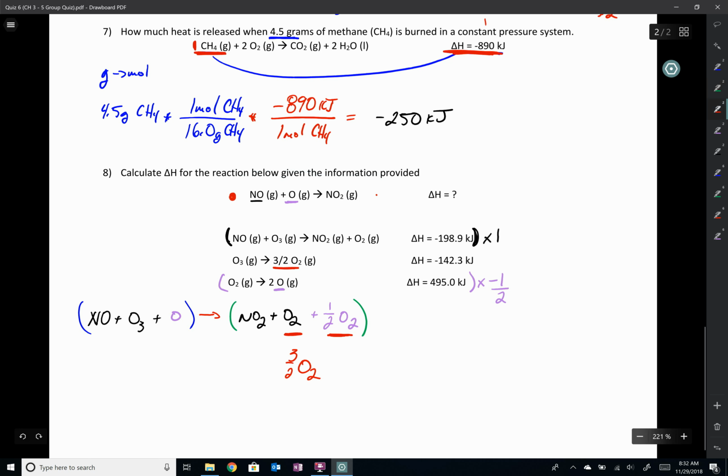Well, there it is, right over here. In our current answer, our 3 halves O2 is on the right side. Here it's on the right side, but to cancel it out, we're going to have to get that to the opposite side. So what we're going to need to do in this case is multiply this guy by -1 to flip it around. Okay?